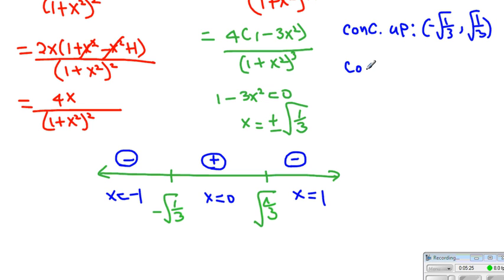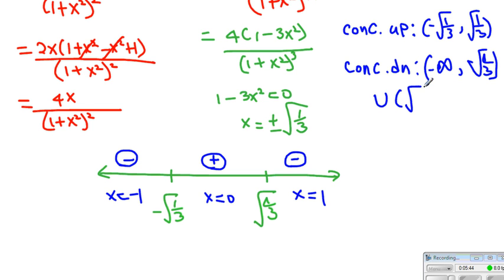All right, concave down actually has two locations, negative infinity to negative radical 1/3, or radical 1/3 to positive infinity. That becomes our intervals where concavity is negative.